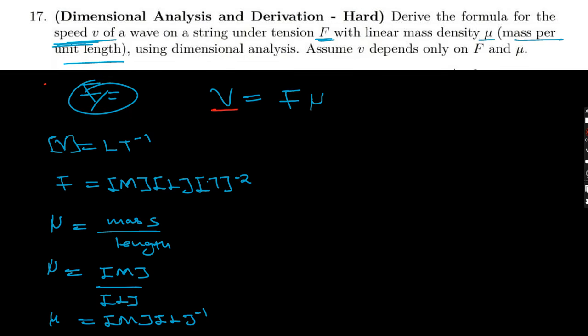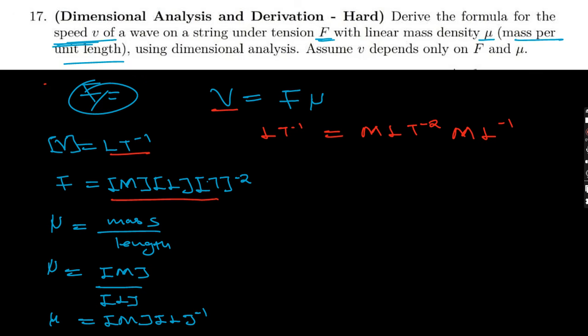Where there is v, we replace this: we're going to say L T to the power -1 is equal to, where there is F, we replace this, M L T to the power -2. What else? We have linear mass density, M L to the power -1.